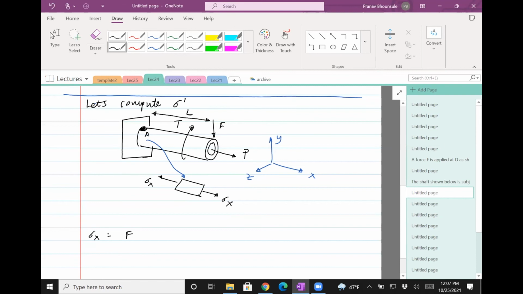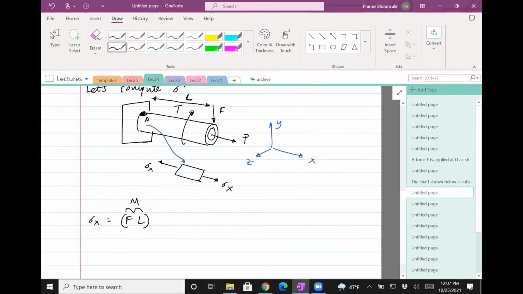Let's call that L. So F times L, that's the moment, times the distance from the neutral axis. The neutral axis will pass through the center, and so that distance is going to be the radius, so diameter divided by 2, divided by I. So that's the piece due to force F.